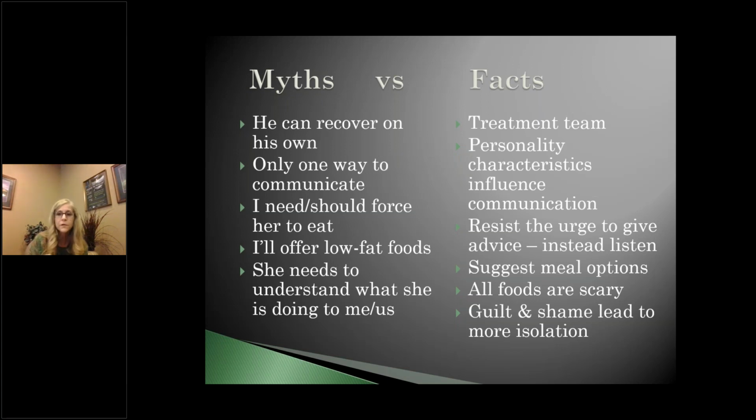We don't want to try to remove those characteristics, because that's who they are. So much of the eating disorder has taken over the individual's ability to know themselves, and it takes over their identity. So we want to embrace those characteristics, and put the spotlight on how beneficial they are when used functionally and appropriately.